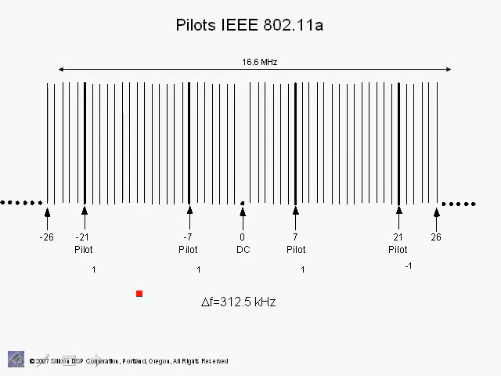Now the pilots are also used for tracking residual carrier offset estimation error and also timing drift. We'll get into that. We also indicate that the spacing between the carriers in 802.11a is 312.5 kilohertz as shown over here.